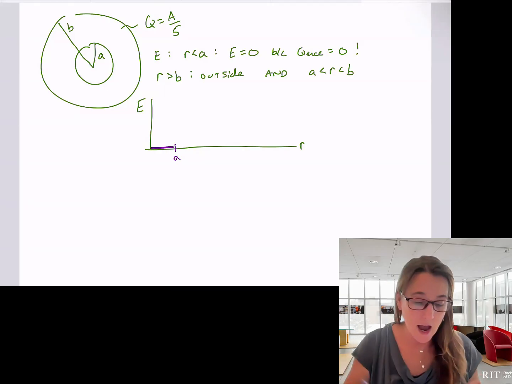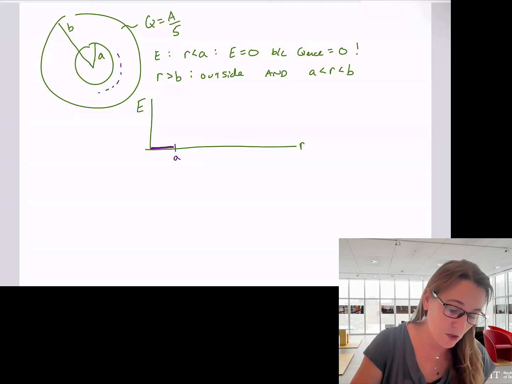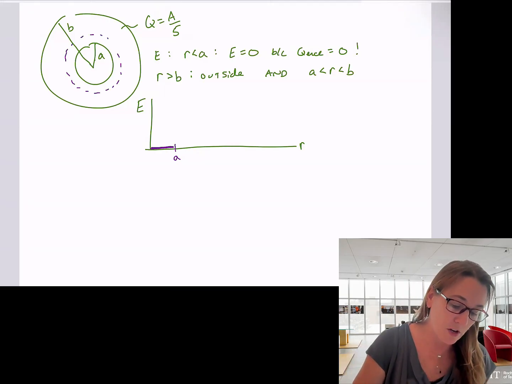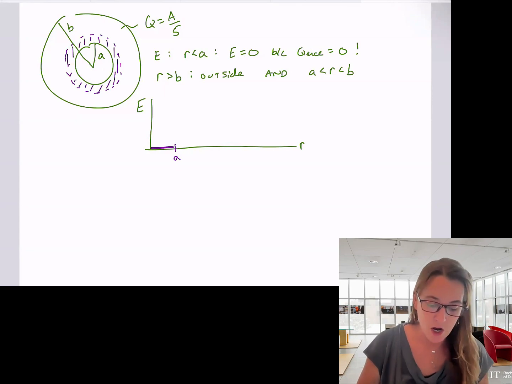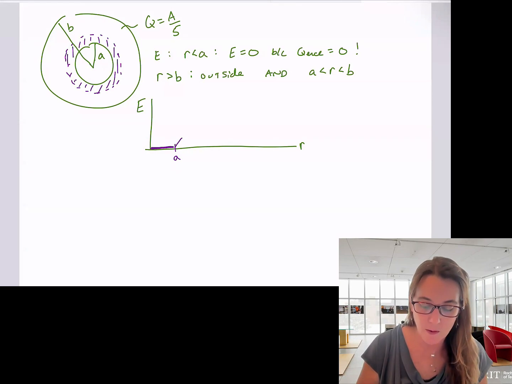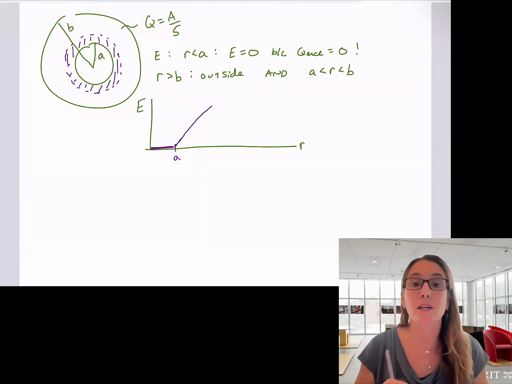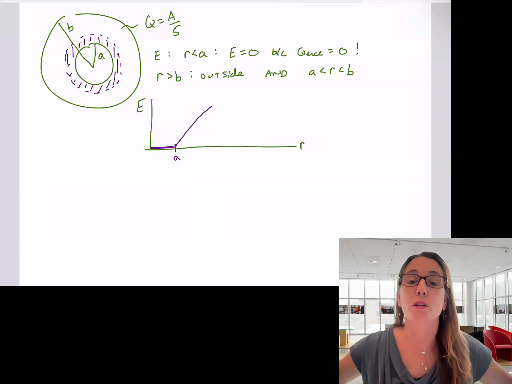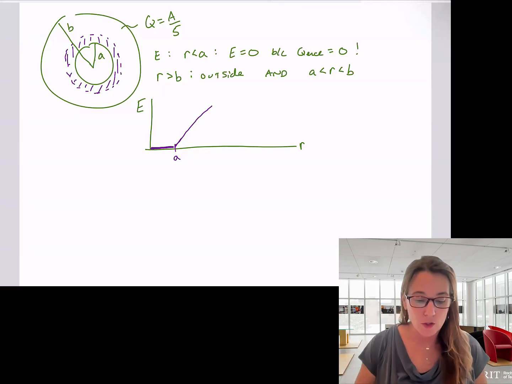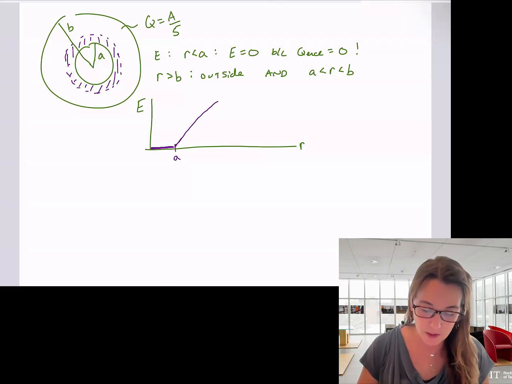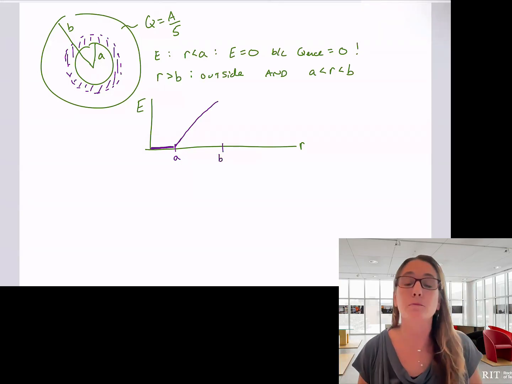But then as I start to extend into the material itself, I'll be enclosing more and more charge. And so the field, in some fashion we haven't yet calculated, will increase as Q enclosed gets bigger and bigger. So it's going to increase all the way up until I get to R equals B.